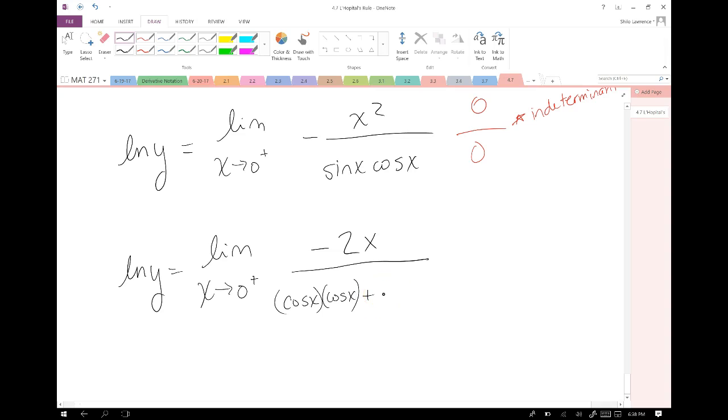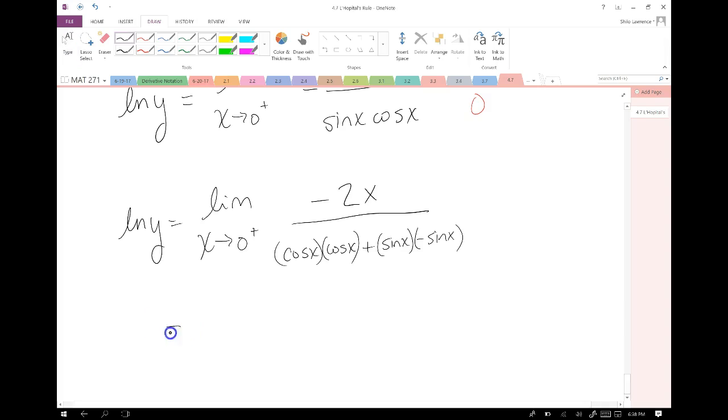plus my first function times the derivative of my second function. So that's cosine squared minus sine squared. So I've got the limit as x approaches 0 from the right of negative 2x over cosine squared minus sine squared.